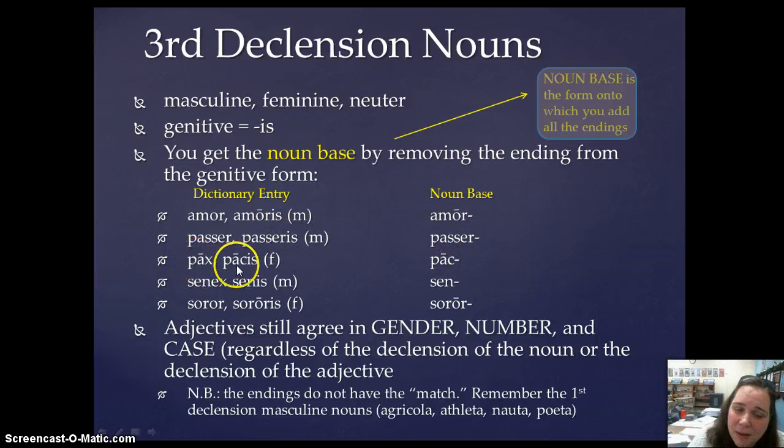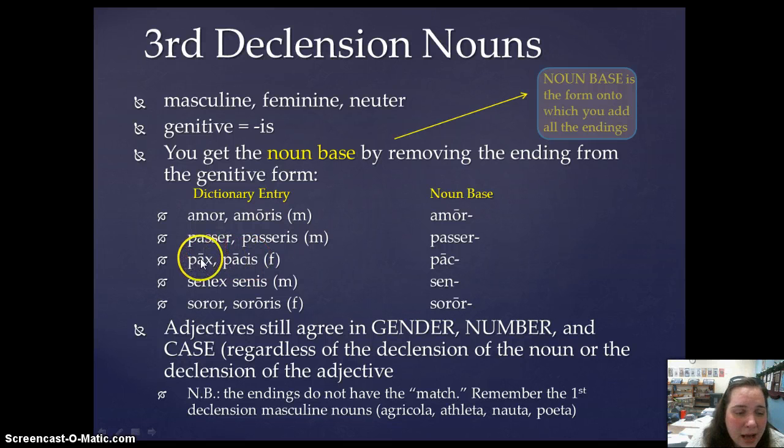But look at pax, pacis. We have a consonant change here, right? So the nominative singular form is pax, but the noun base onto which you're going to add all those other endings for the third declension is going to be on this form, pac, because that's what we get when we remove the is from the genitive form.